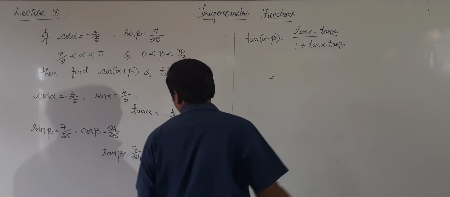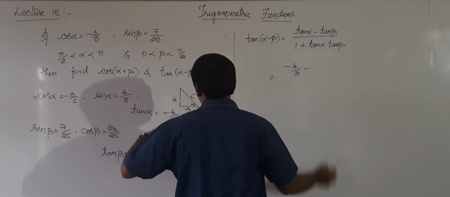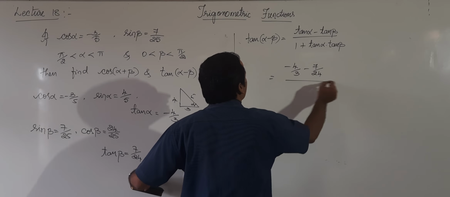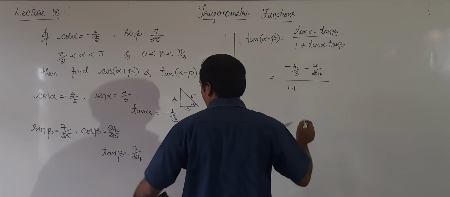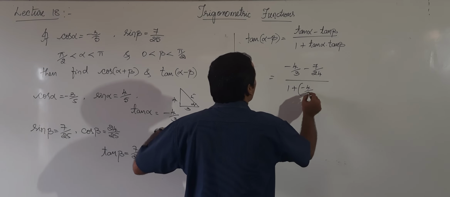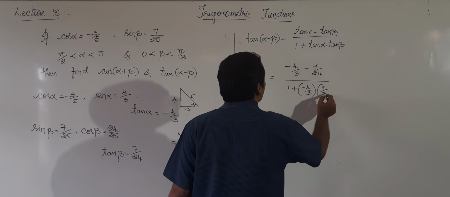That's equal to tan alpha, minus 4 by 3, minus tan beta, 7 by 24, divided by 1 plus tan alpha, minus 4 by 3, into tan beta, 7 by 24.